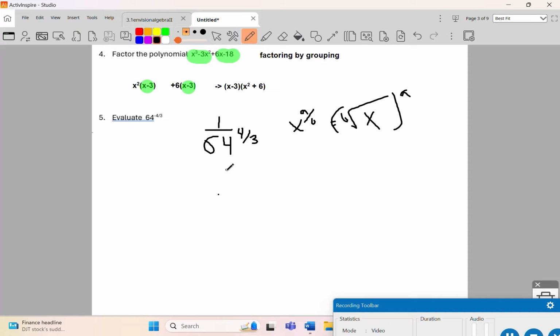So what I have here is the cubic root of 64 because the bottom number is the root. Roots are down low. And then I have to turn around and I have to raise it to the 4th power.